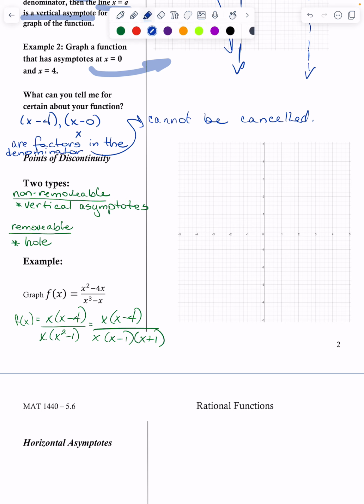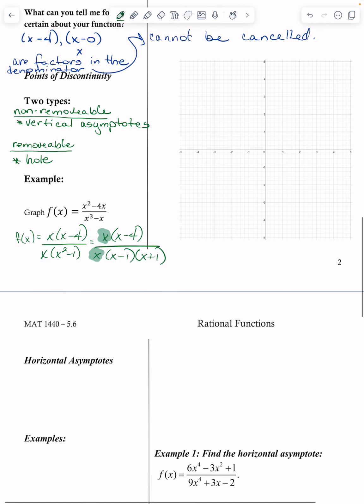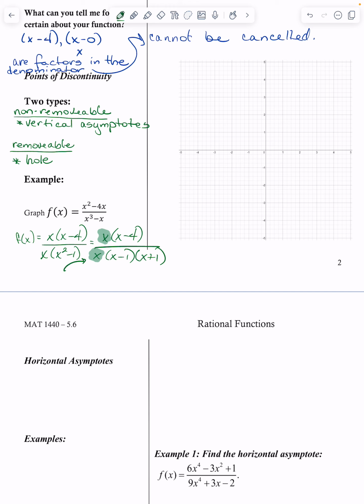Our removable is this right here. So I have a hole at x equals 0.